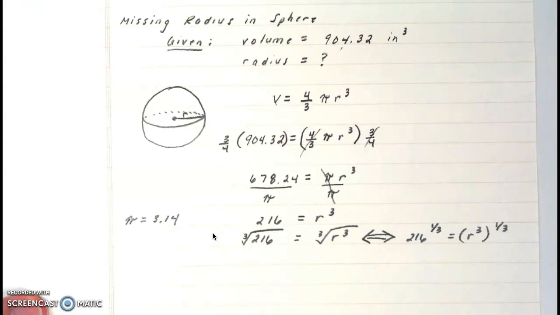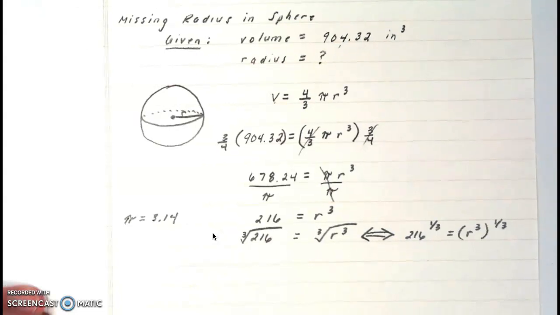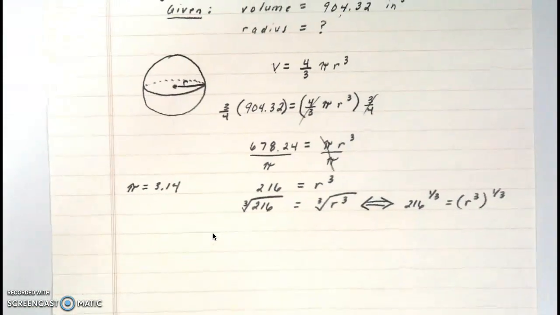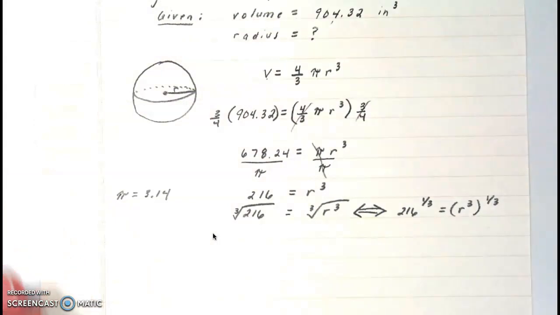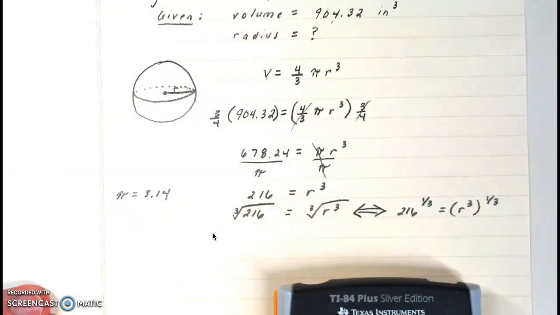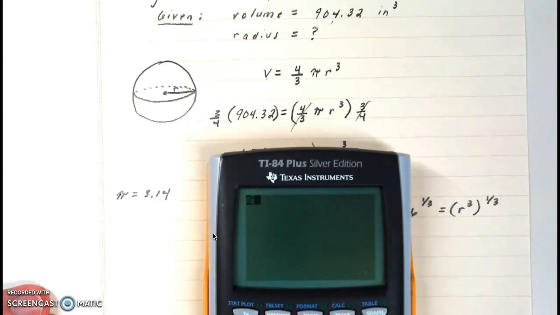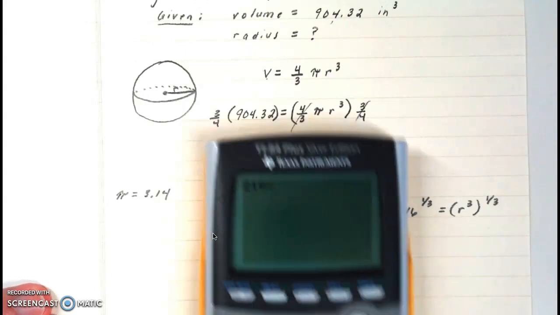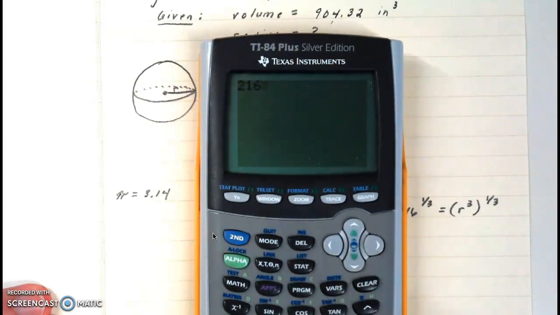So when you plug it in your calculator, for instance, I'll show you my calculator. What I would do is I would enter 216, and then I'm going to raise it, so the little caret button, to the 1/3 power, so 1 divided by 3.